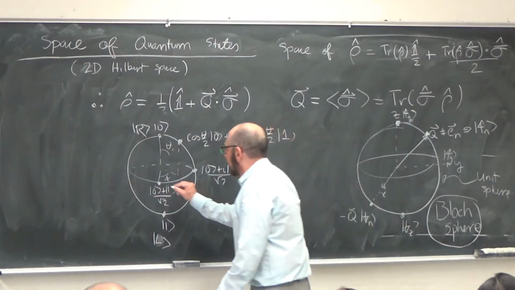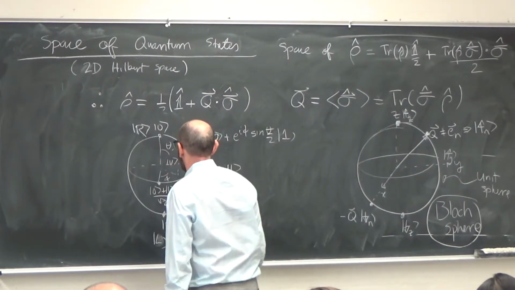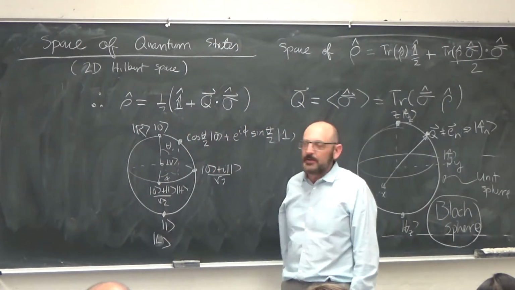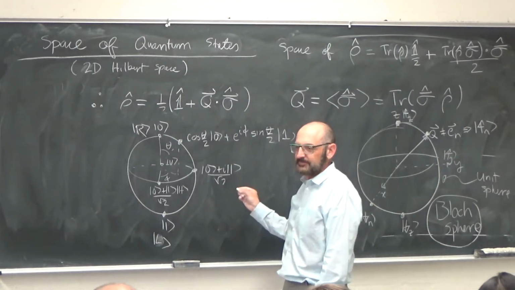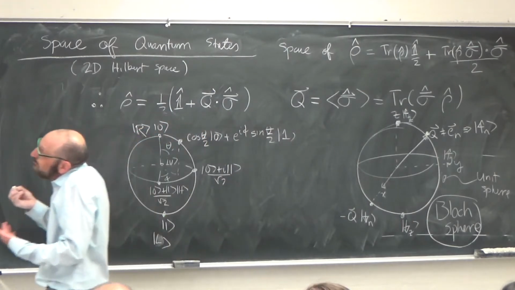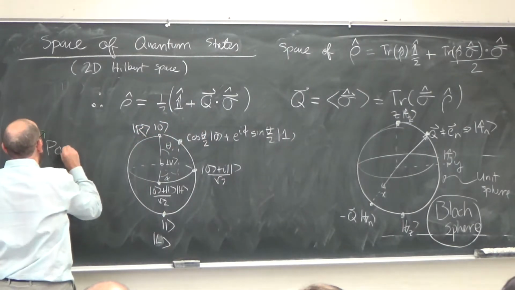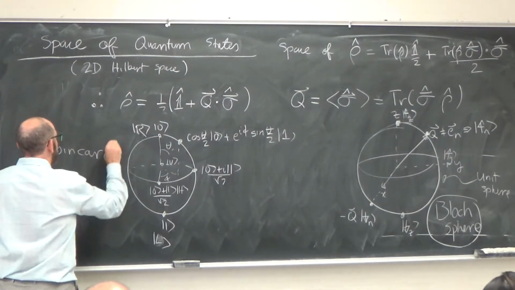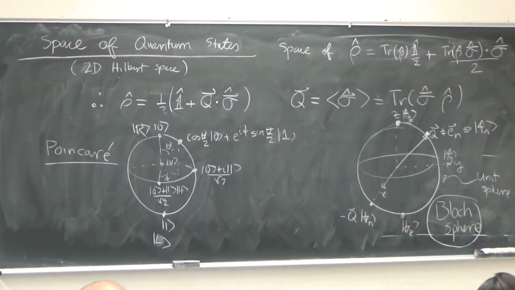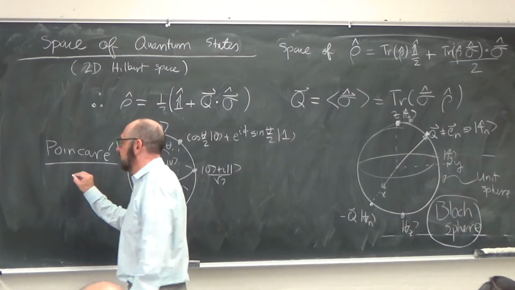And then this was horizontal, and this was vertical on this side of the sphere, etc. This sphere has another name, because this is a nice structure, and people who were smart discovered it over and over again, and good old Poincaré discovered this long ago in the context of thinking about polarization states of light, and the Bloch sphere in optics is known as the Poincaré sphere.